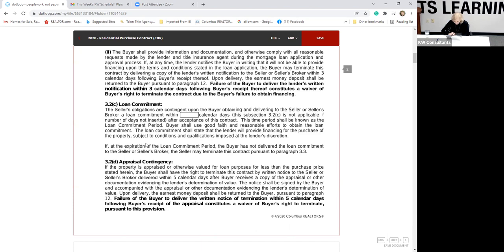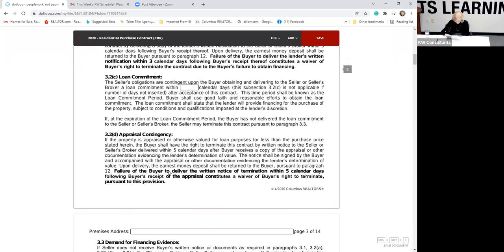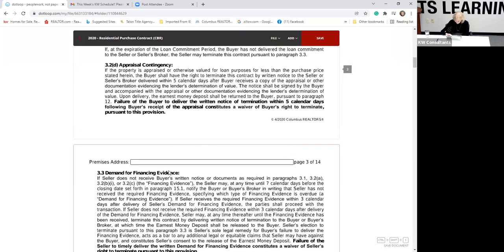If at the expiration of the loan commitment period, the buyer has not delivered the loan commitment to the seller or seller's broker, the seller may terminate this contract pursuant to paragraph 13.